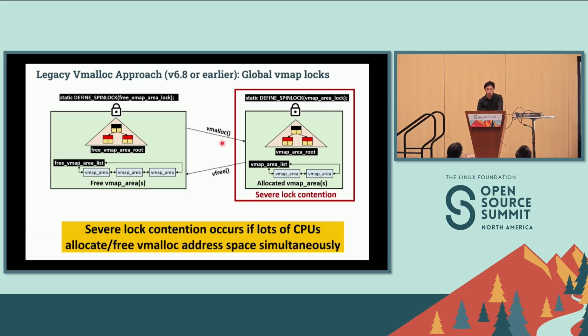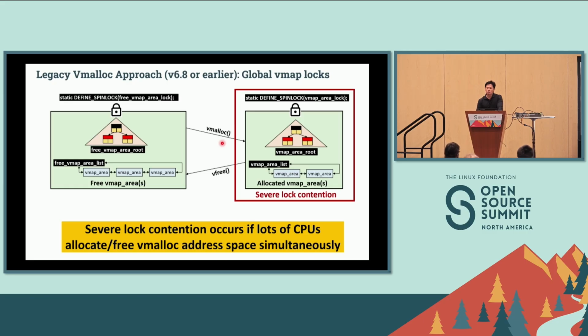The legacy approach works fine on a small system or under a light workload. But on a system with many CPUs, the lock contention becomes a massive bottleneck. Imagine a situation where hundreds of threads are calling Vmalloc and vfree concurrently.